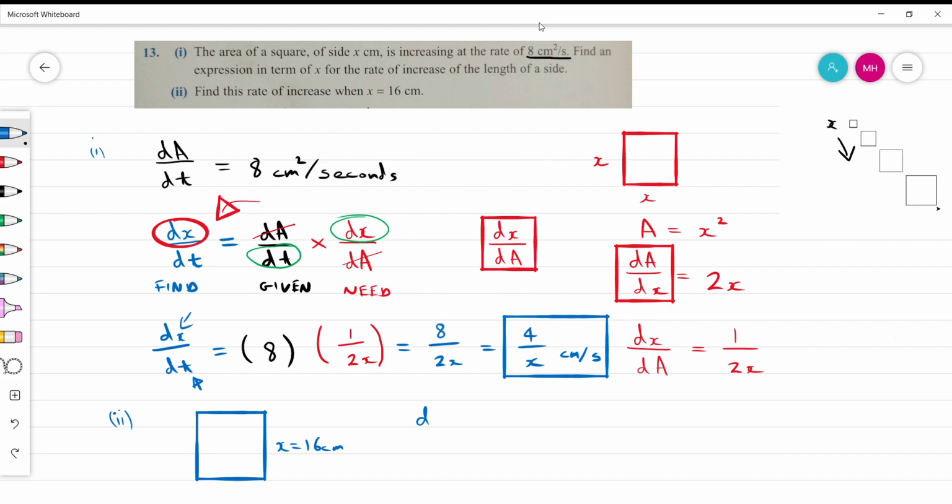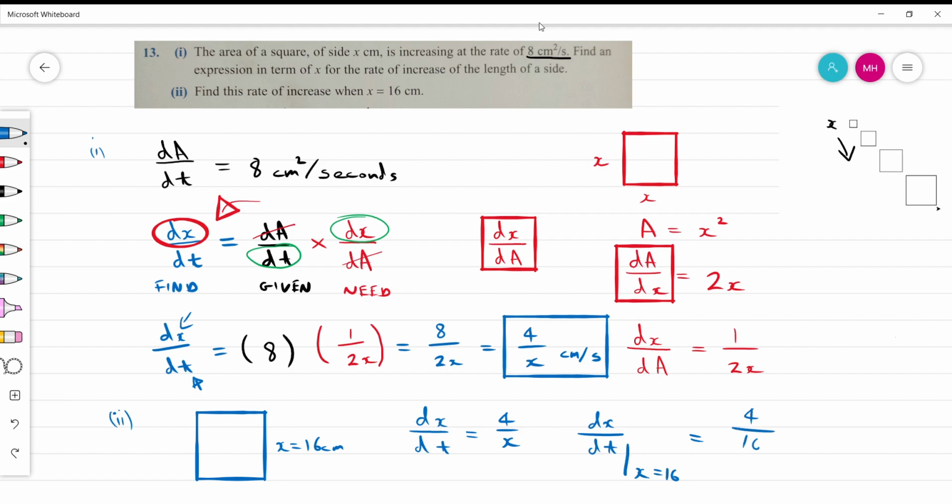Well, we know what dx/dt is for any value of x. So all we have to do, now the way we write it here is we say when x is equal to 16, we do a little line, when x is 16, well, we just fill in 16.